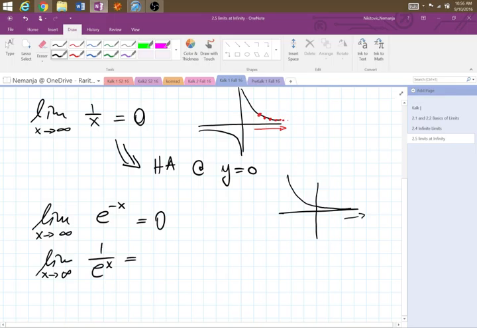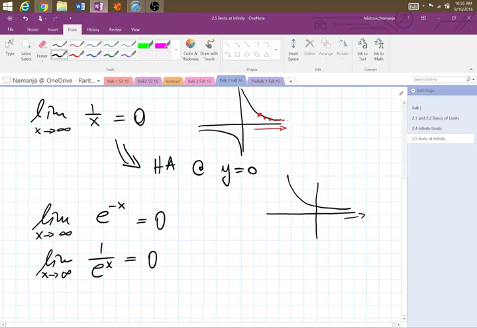Now you see that e to the x would be e to infinity, which is infinity. When you divide 1 infinitely many times, then you get 0. Do we all get that concept of dividing 1 by infinity? Okay, we'll get there. Let's do a few more examples of this.